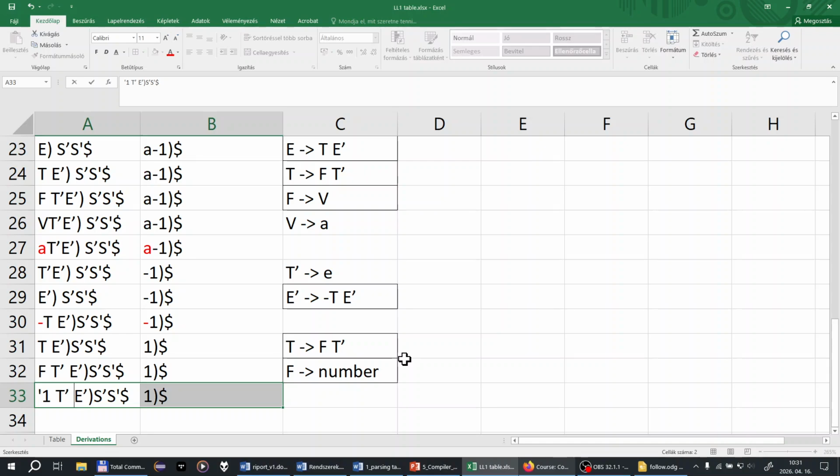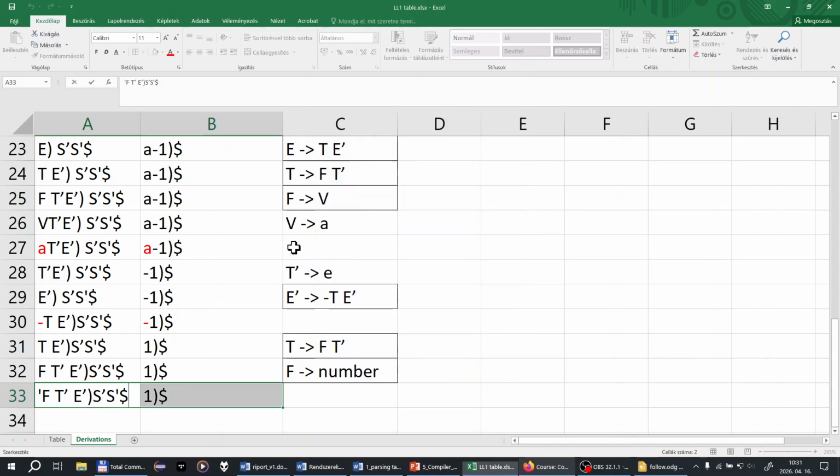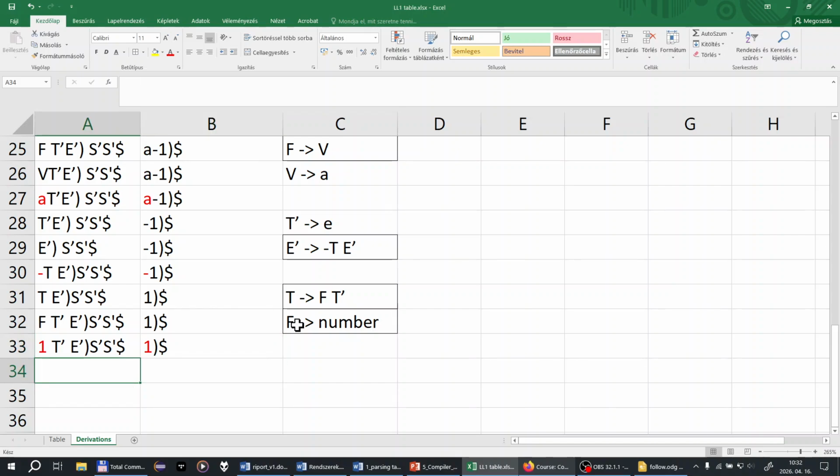Actually it can be substituted by just a number, it is okay, so the number can be eliminated, and then we have just T prime E prime, closing bracket and dollar sign.